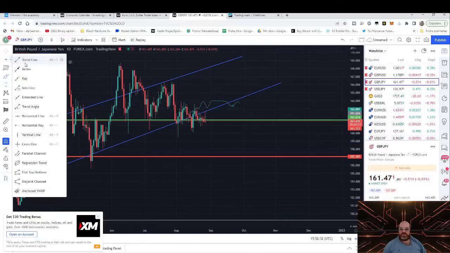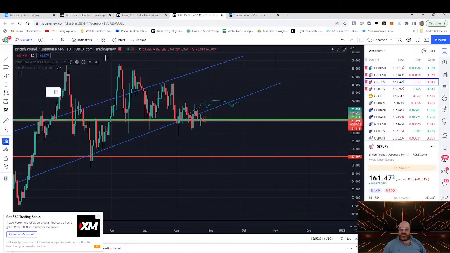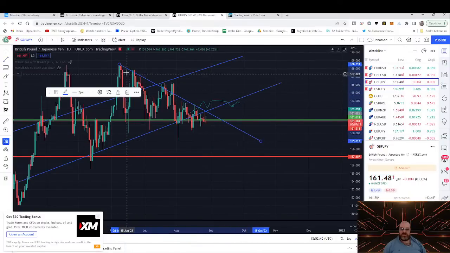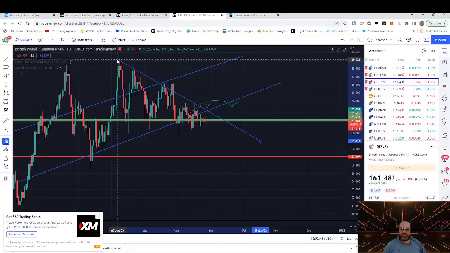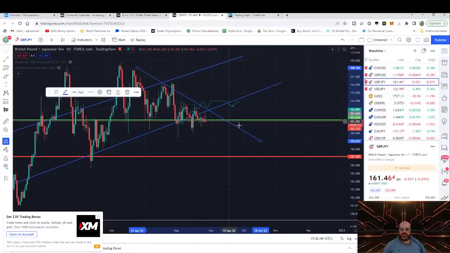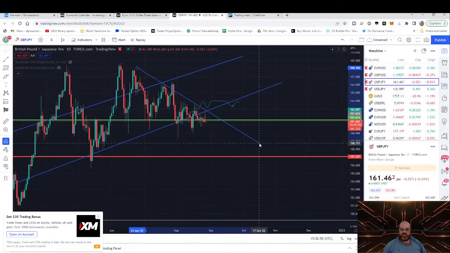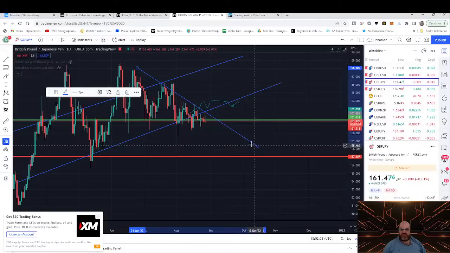So if we want to try to see something, let's see if we can find something together here now. We can see that we have more like a new, let's remove these old trend lines.